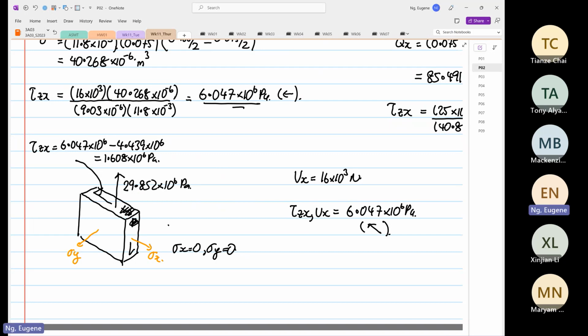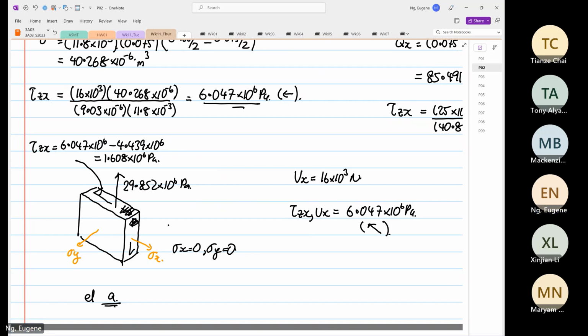So this is our element A. That's your element A. If you look at homework number 8, I want you to draw the stress state of the element, and this is the way you do it. Any questions so far before I do element B? Anyone?